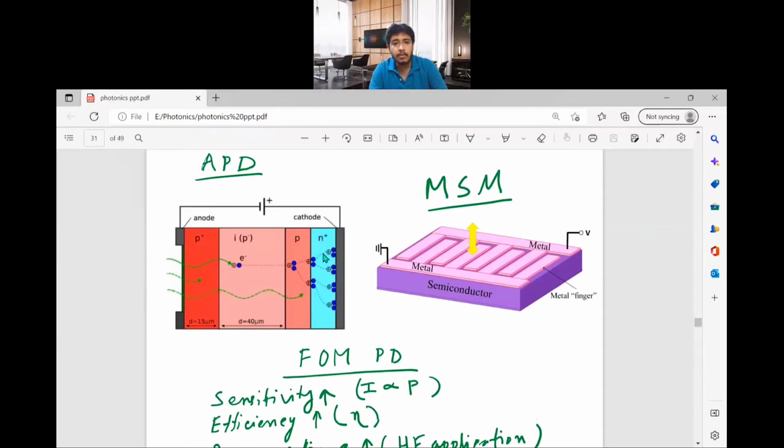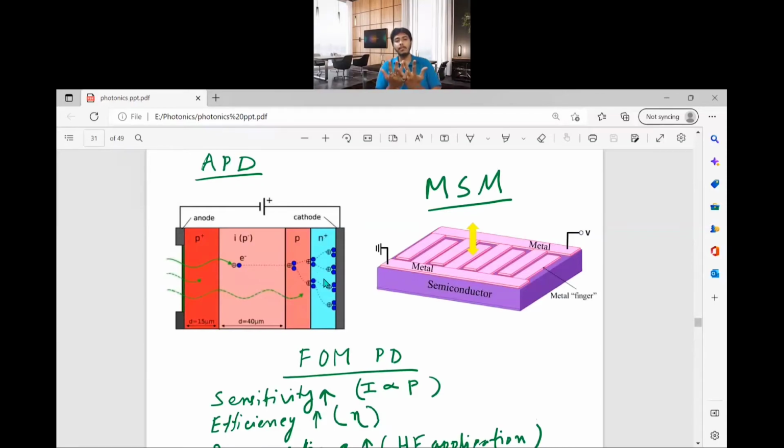If the electric field is high, it exerts more force on the carriers. Those electrons can hit other electrons while traveling and give them momentum energy, so that electron can be excited and generate another electron-hole pair. Those electrons again will be drifted by the electric field, and that will generate more and more electrons.